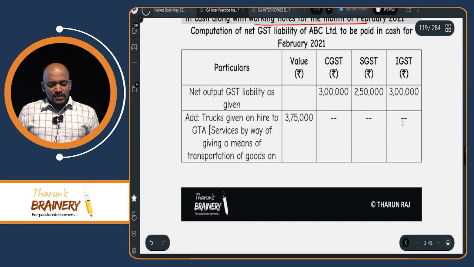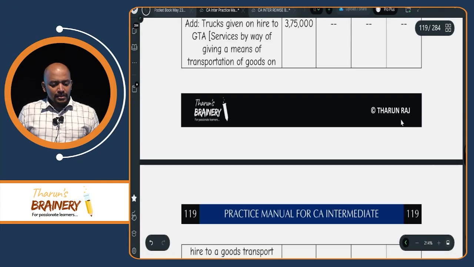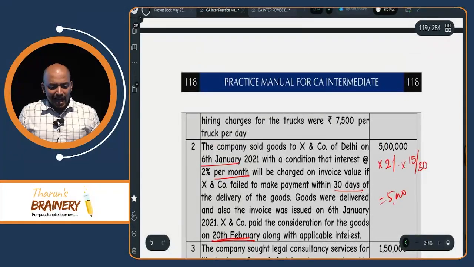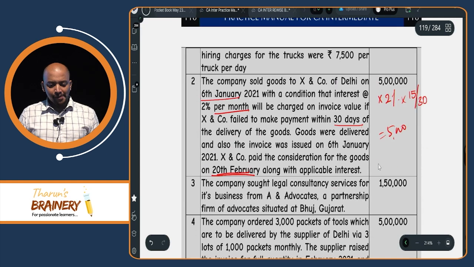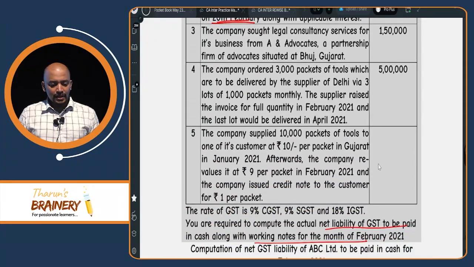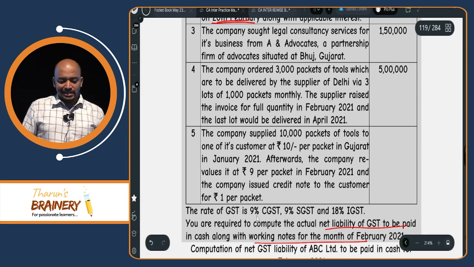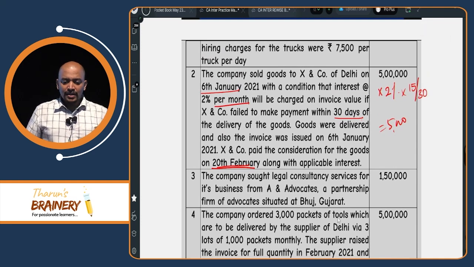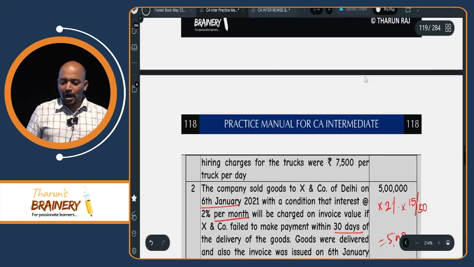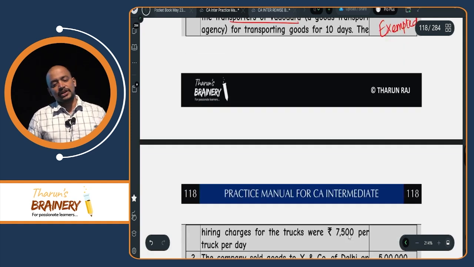So this 5,000, 1 second. 5 lakhs is inclusive of GST or exclusive of GST? The rate of GST is 9% CGST, 9% SGST, 18% IGST. 1 second. Above amounts are excluding GST, sorry.